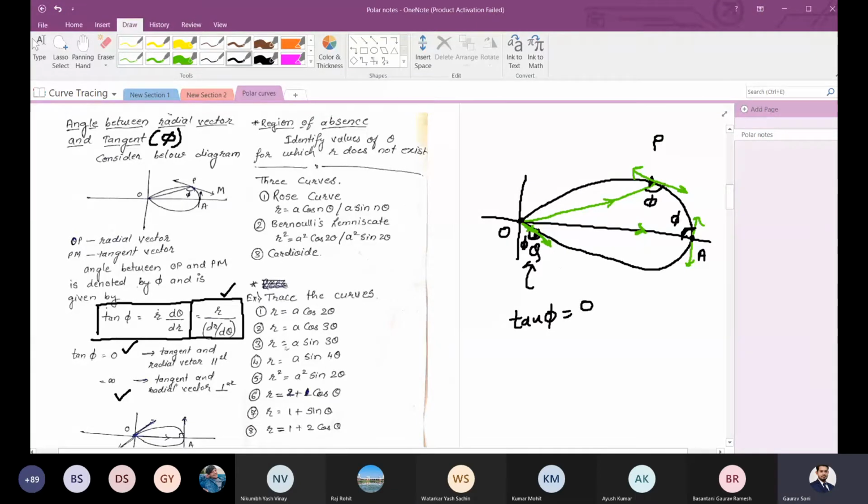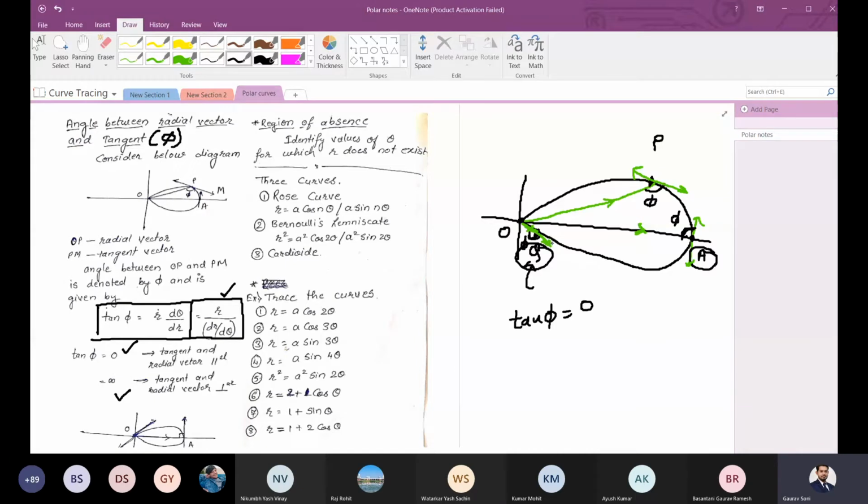And again, we are interested in where tan phi becomes infinity. So points like A and Q are of our interest. We just need to check at which point tan phi is becoming 0, and at which point tan phi is becoming infinity.